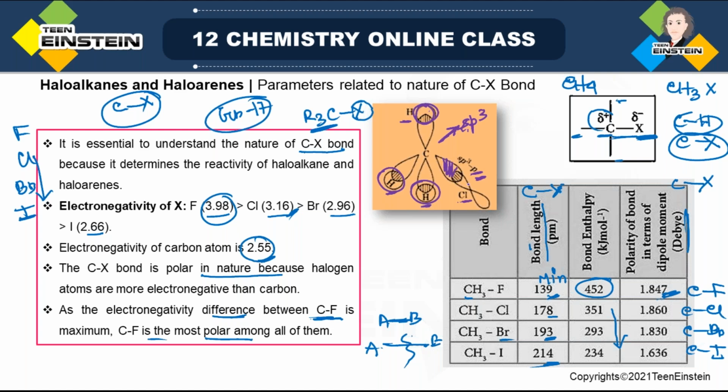Here we have the structure of CH3Cl, but for others also it will be more or less the same, though there will be some difference in the angle. The standard angle is 109 degrees for tetrahedral, but there may be slight deviation, plus or minus, when you change the halogen. So this is the structure, and here we have seen how bond length, bond energy, and dipole moment change when we change the halogen atom.